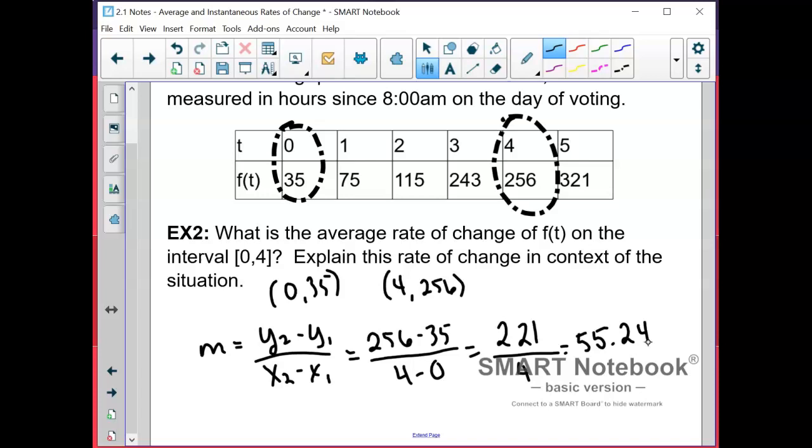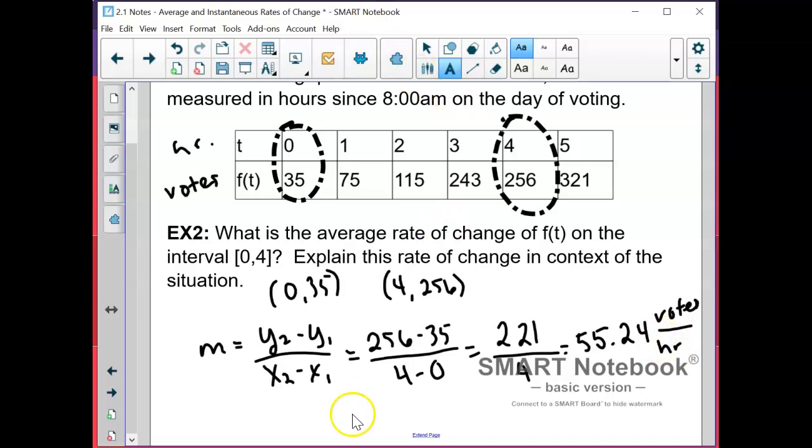So whenever we're thinking of this, this is hours here, and this is votes right here. So if we want to explain this, we were doing change in y, which is votes, per time, which is hours.